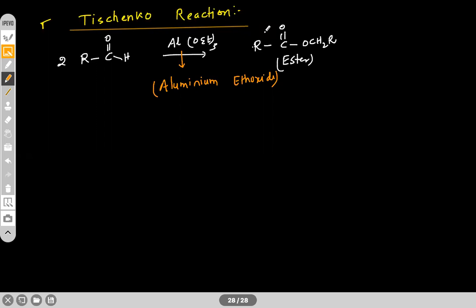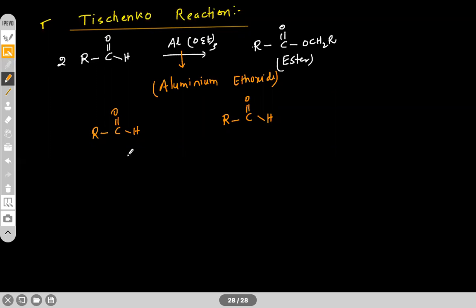Mechanism is a bit typical in this one, right? So we'll discuss once. Okay, not that important, but we'll have an alternate way to write down the product. Okay, what is that alternate way? We'll see that first. Okay, suppose we have 2 molecules of it, RC double bond OH.